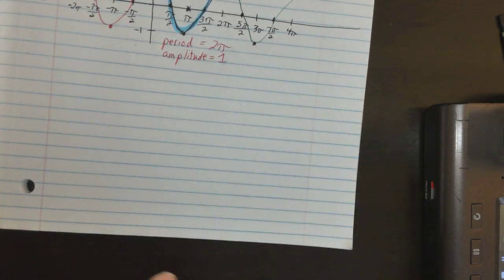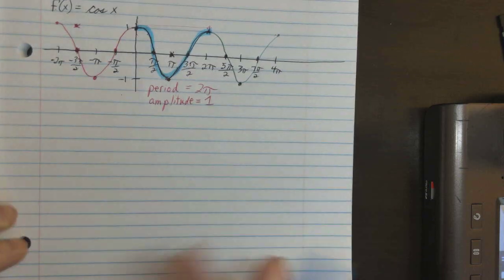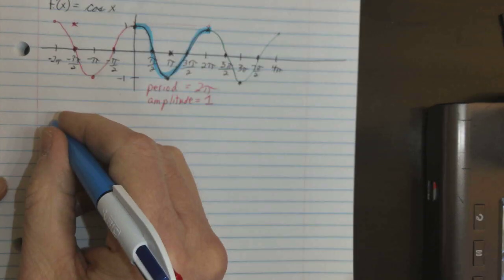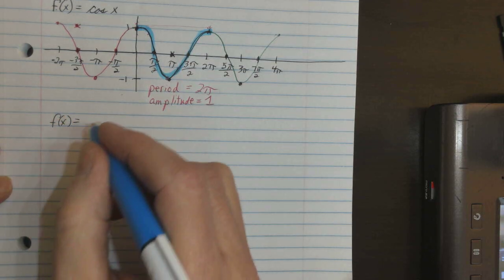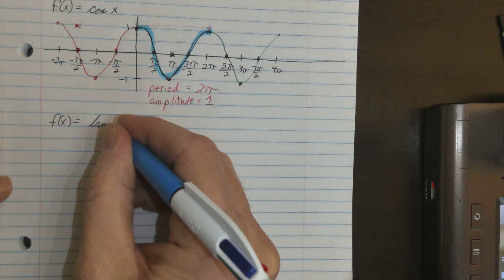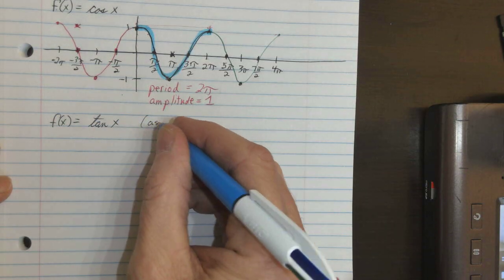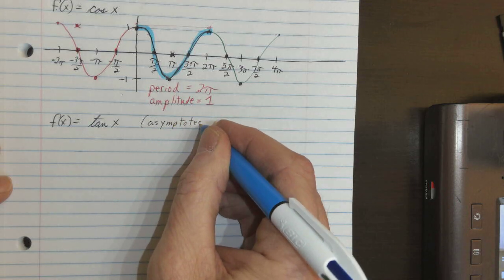We are now going to do f of x equals tangent of x. Now this one's going to have asymptotes.